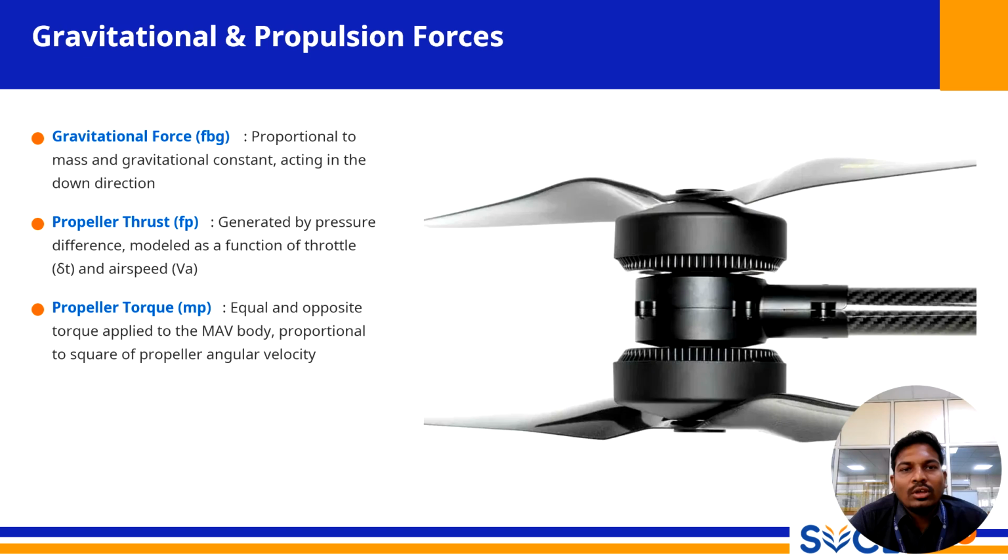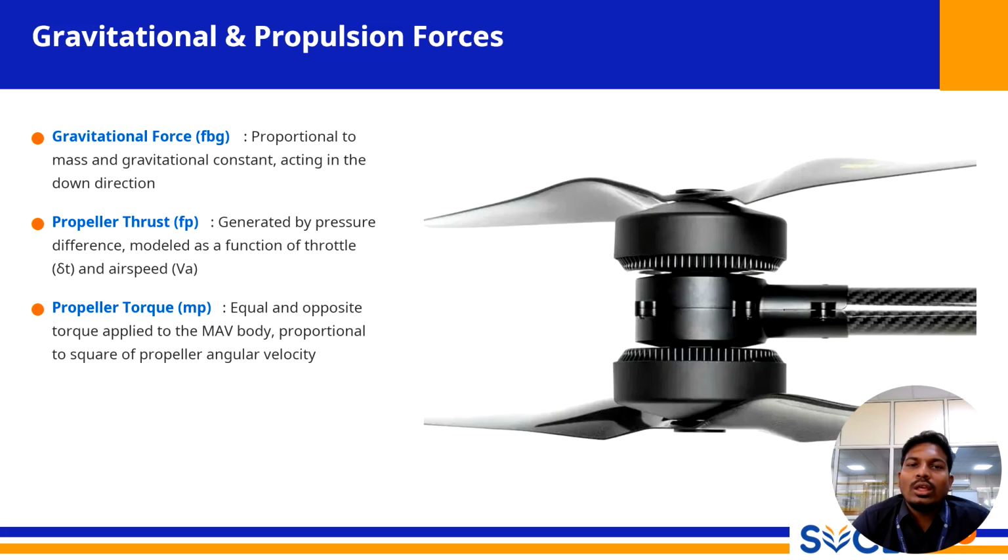In reaction, the propeller applies an equal and opposite torque to the MAV body. This reaction torque is what causes the body of the drone to want to spin. On a quadcopter, this is cleverly managed by spinning two propellers clockwise and two counterclockwise, so their reaction torques cancel each other out during normal flight.